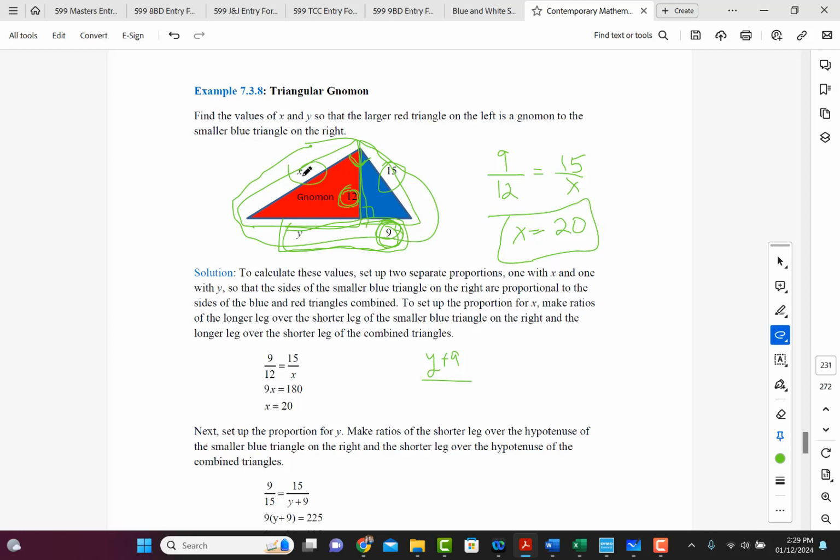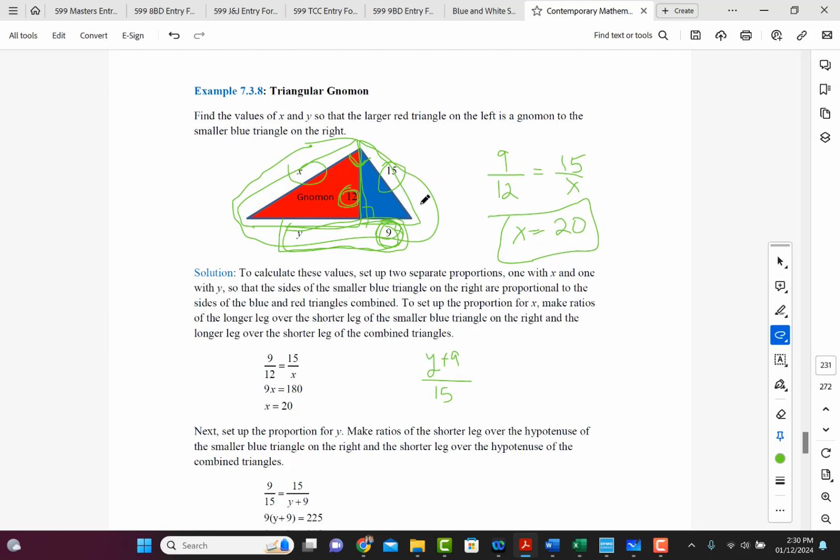We don't want to use x, because we don't want x involved. I mean, we could now that we know what x is, but let's not. Let's use 15, which is the short side. So now we have the hypotenuse divided by the short leg.